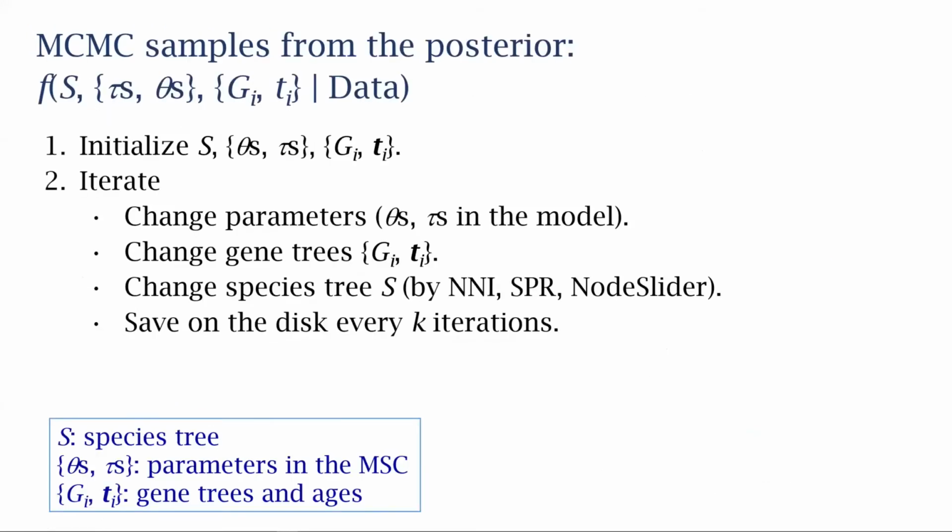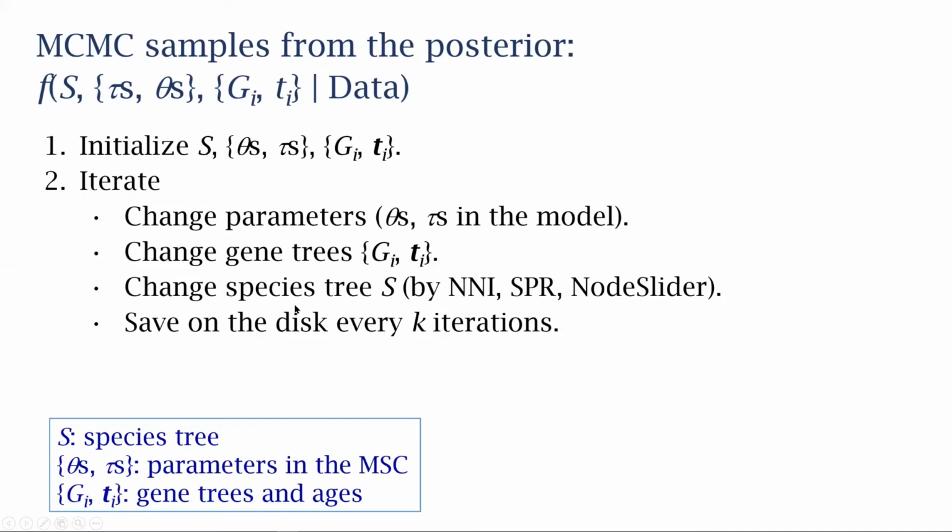So here, just a sketch of the MCMC algorithm. Our program, BPP, pretty much is doing something like this. We just initialize everything: species tree, parameters, gene trees. You have a move to change the parameters, a move to change the gene tree topologies at times.